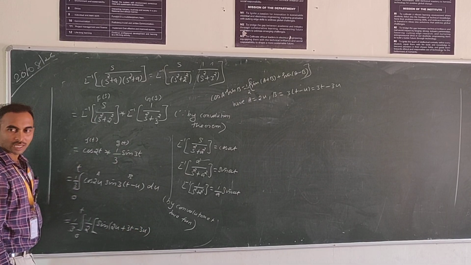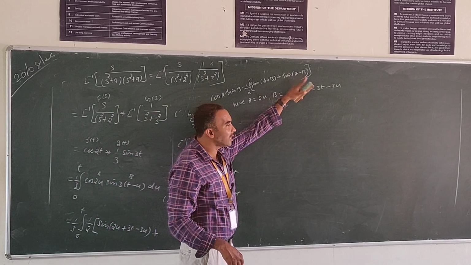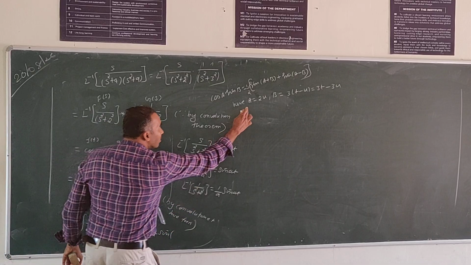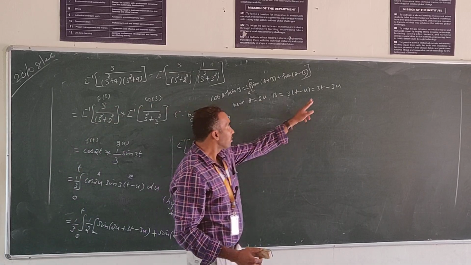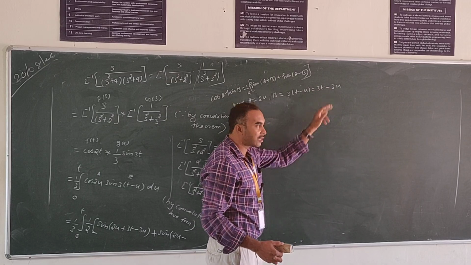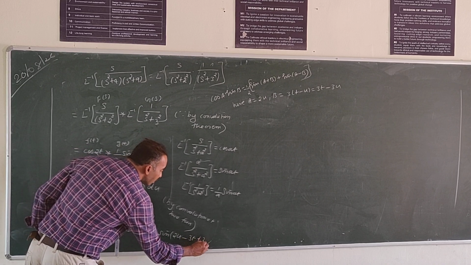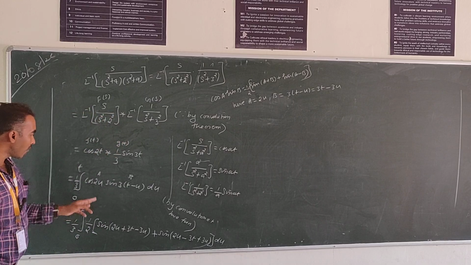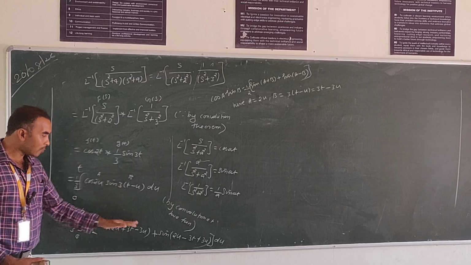Next, plus sin(A minus B): sin(2u minus 3t plus 3u), because minus multiplied by minus 3u becomes plus, du. Directly we can't integrate, so use the trigonometry formula and split the terms.